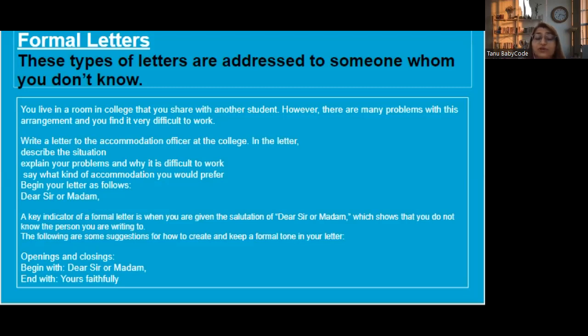So you have to start with Dear Sir or Madam. You begin with this, but how do you end? You end your letter with Yours faithfully. You can write Yours sincerely also, but generally we keep it for a semi-formal letter. Okay, so Yours faithfully and Yours sincerely, both you can write at the end of your letter.